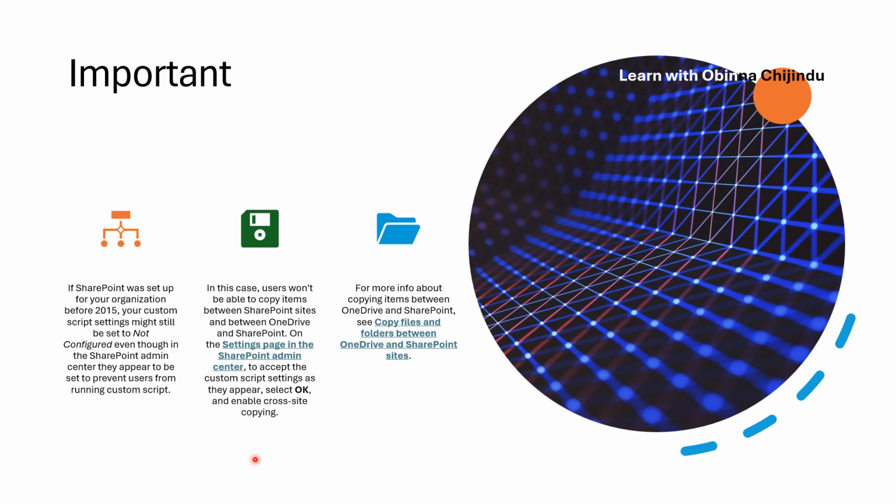The beautiful thing about SharePoint and OneDrive is that we can copy and move things, and that's because Microsoft 365 allows for easy collaboration amongst all the applications that come with it.